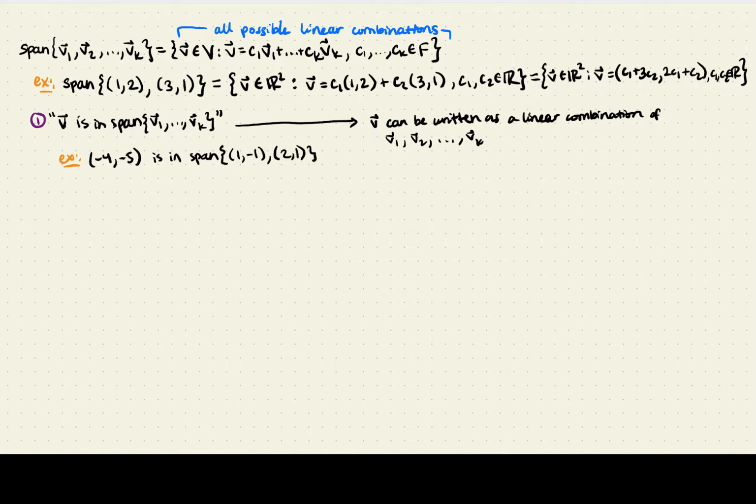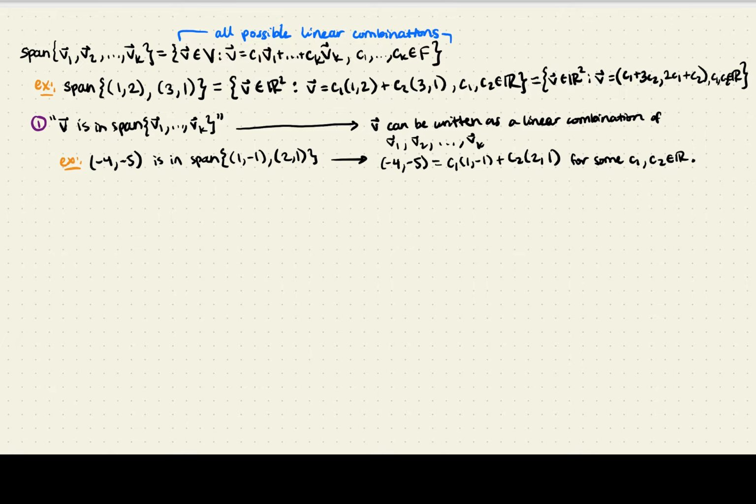Why do I know that? Because I can write -4, -5 as a linear combination, c1 times the first vector plus c2 times the second vector, for some scalars in R. In fact, I can tell you what those scalars are.